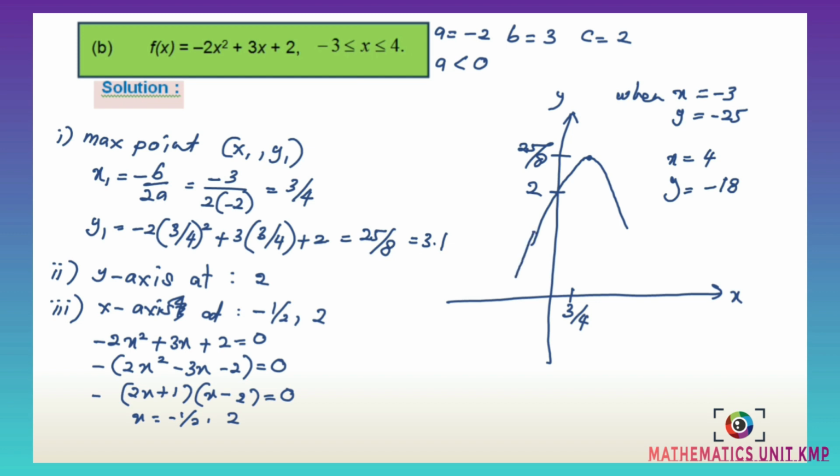The graph intercepts the x-axis at negative 1 over 2 and 2. At the left end, x is negative 3 and y is negative 25. When x equals 4, y is negative 18.